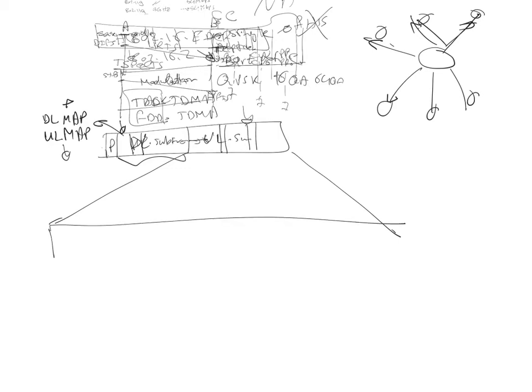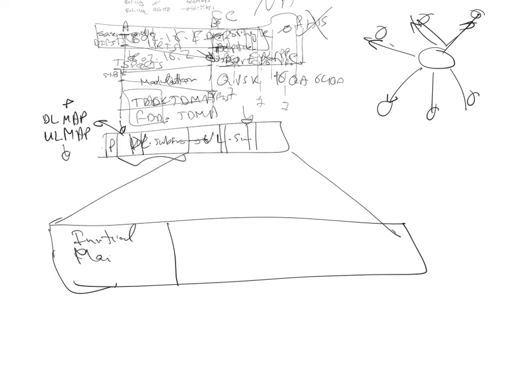Now, for this uplink subframe, we talked about 3 different types of operations. We talked about the initial maintenance opportunities, contention request, and the granted time slots.